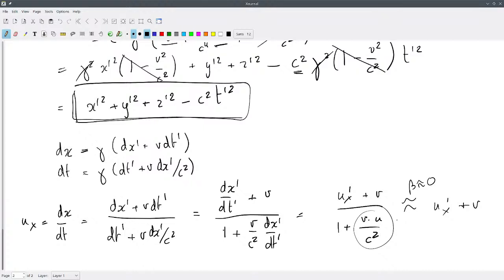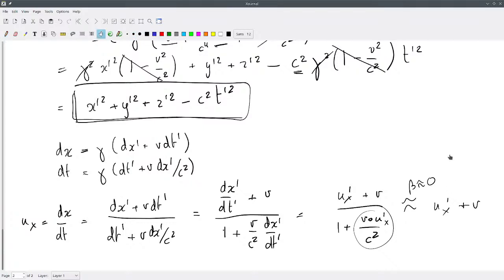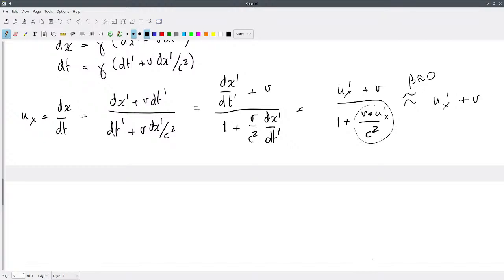And one thing I've actually done unintentionally here is written this as a dot product, because ultimately the way this expression can be summarized very compactly is that the new speed will be, in vector form, the old speed, or the speed in the non-moving reference frame, will be the speed in the moving reference frame, plus the velocity of the reference frame, over 1 plus v dot u prime over c squared.